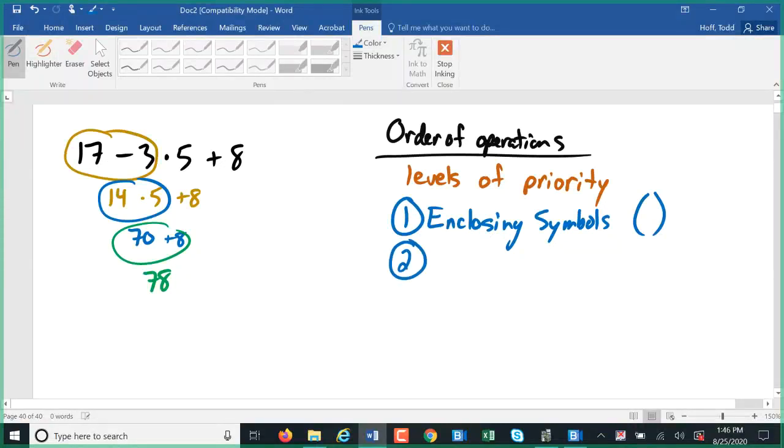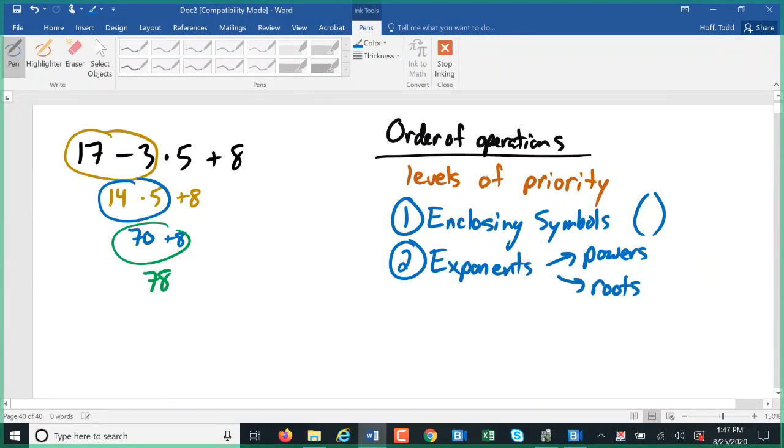The second is something we haven't discussed at all, called exponents. Exponents are another set of operations like the addition and subtraction pair and the multiplication and division pair. Exponents includes a pair of operations called powers and roots.